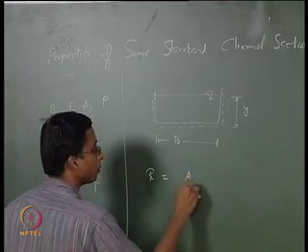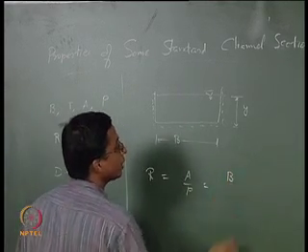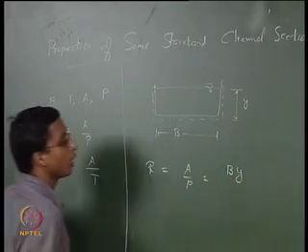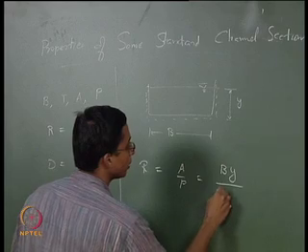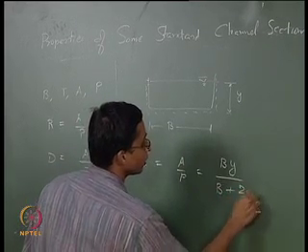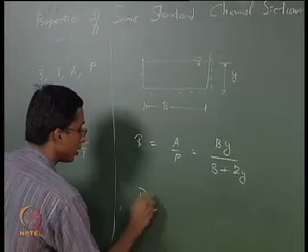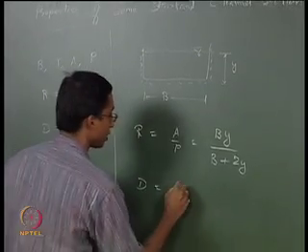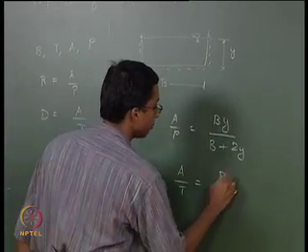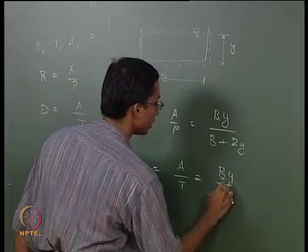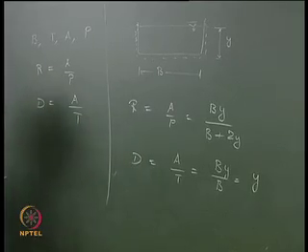Again, A by P. You know what is A? A is b into y. What is P? P is nothing but b plus 2y. Similarly, your hydraulic depth is nothing but A by T. This is again b y by b. It is same as your depth of flow.